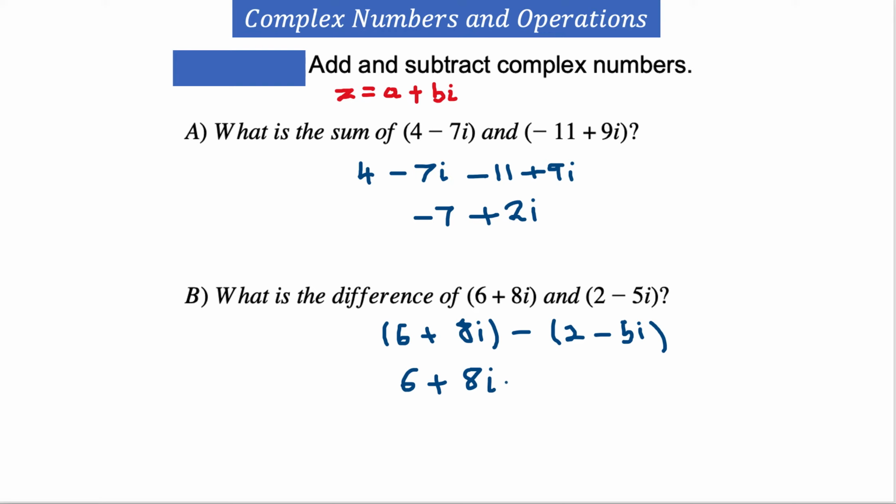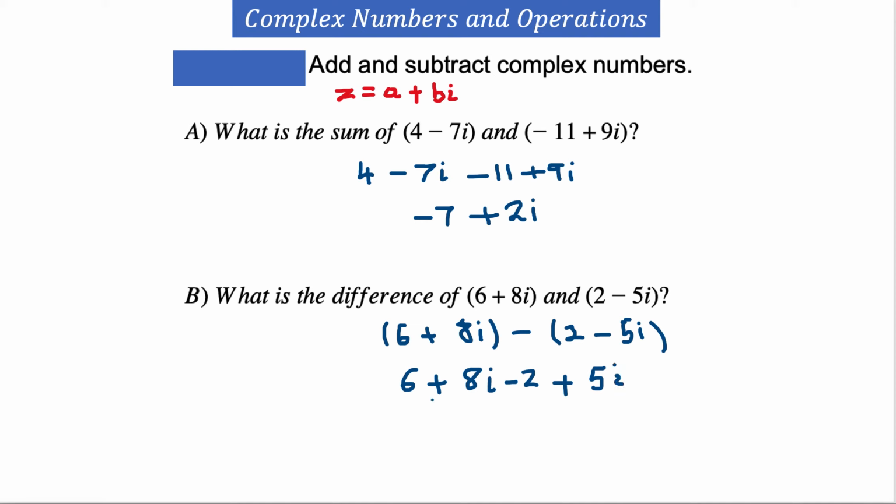Negative times positive 2 is negative 2. And negative times negative is a positive, 5i.